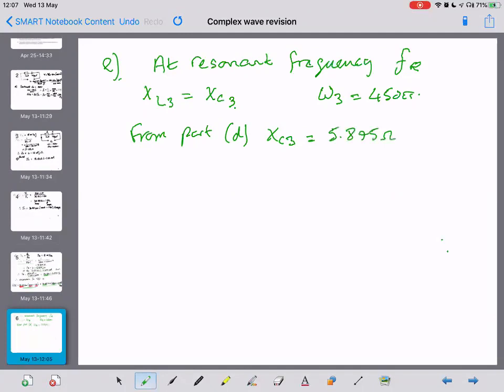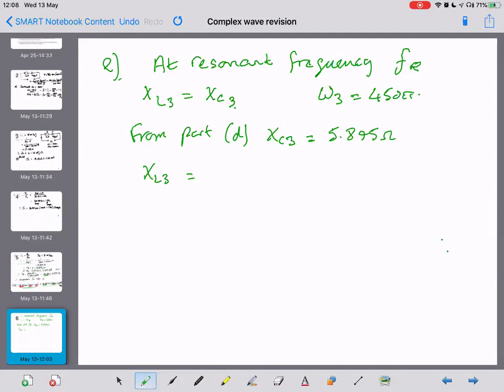How can we calculate XL3? Right, well, XC3 equals 1 over omega 3 C. We calculated that in the last part. That's 5.895. But how do we calculate XL?